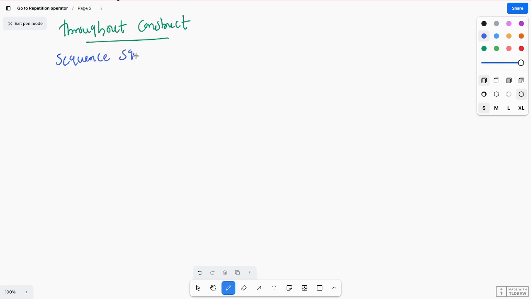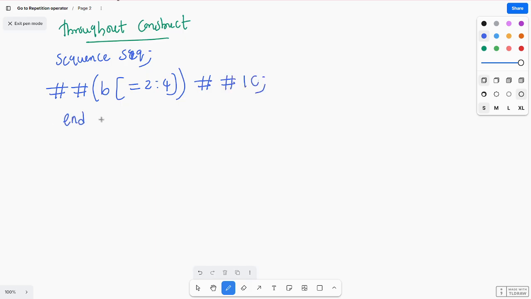My sequence name is seq. I'm giving a hash delay with a range 2 to 4, and after this C should be 1. After the delay, C should be 1.